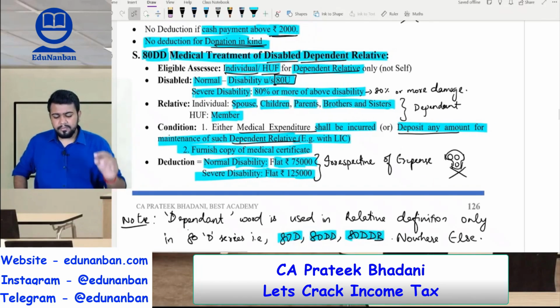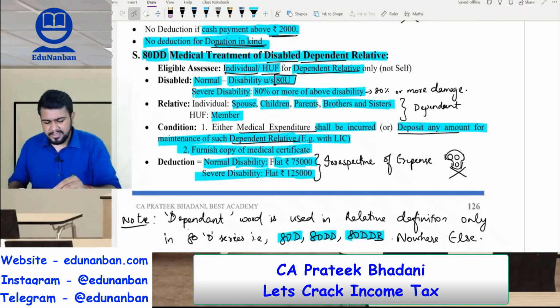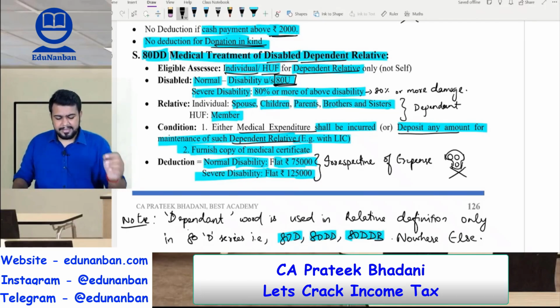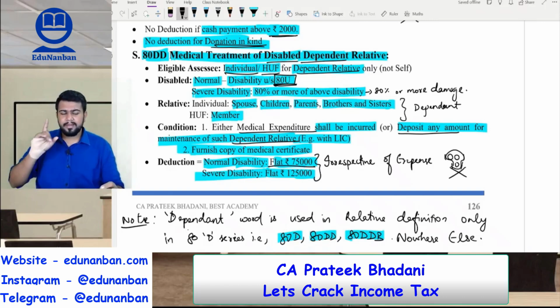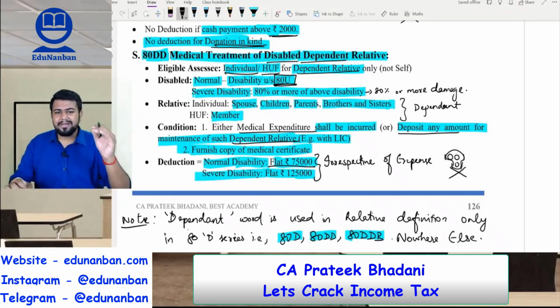Now, if the disabled dependent relative is suffering from a normal disability which is mentioned under section 80U, then the deduction will be flat 75,000 rupees. Be very careful, not 75,000 or actual expense, whichever is lower. Flat 75,000 deduction.